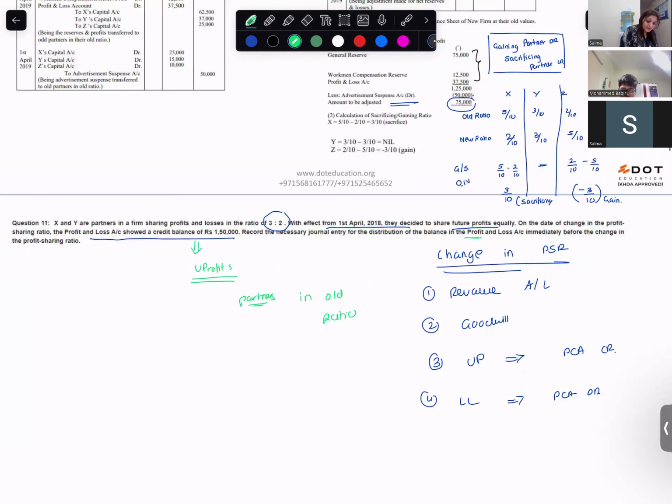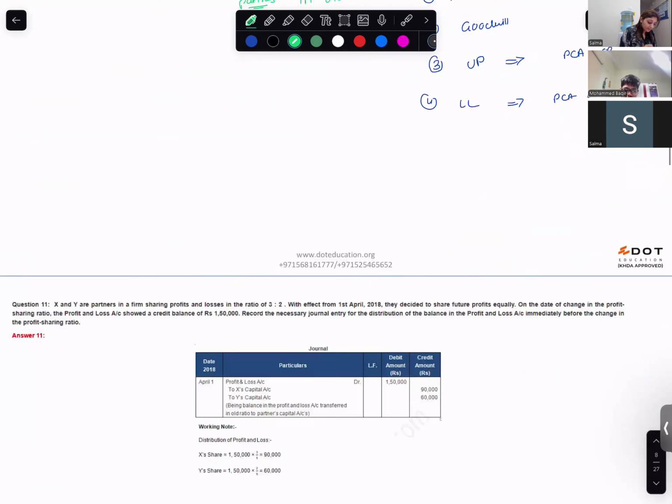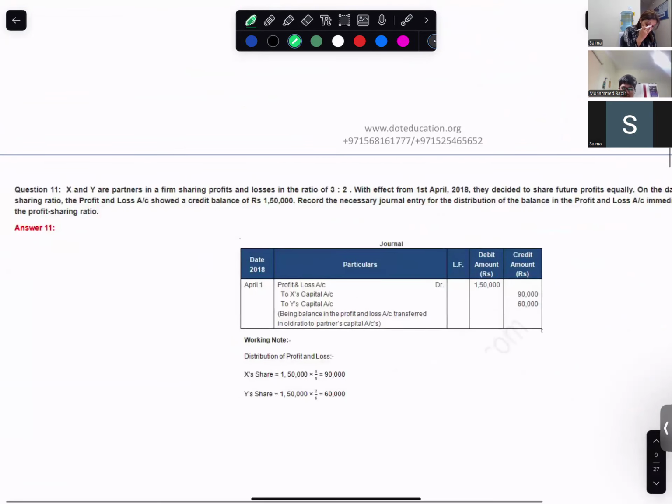Immediately before the change, what would be the journal entry? Profit and loss account debit, and X and Y capital account credit, in the old ratio.